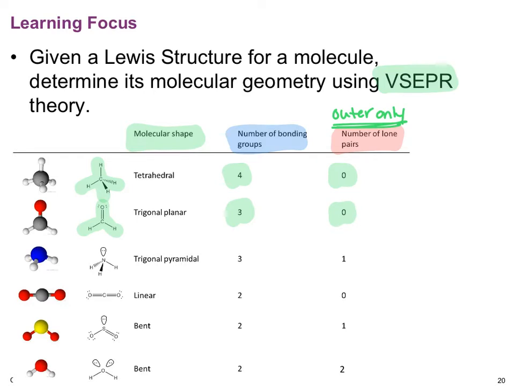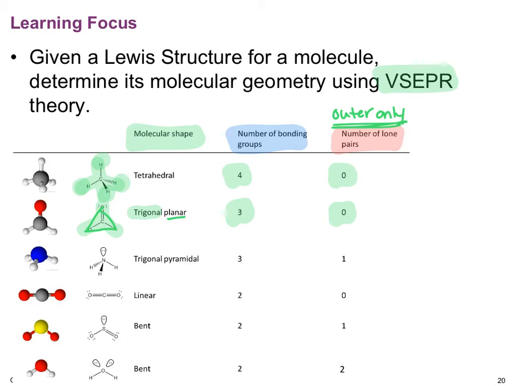And the names go along with what the shape actually looks like, which is something that you're also going to want to understand. So tetrahedral, you've got those 4 atoms kind of on the outer edge of a sphere, as far apart from each other as possible. Trigonal planar, the trigonal part, you can think about having a triangle for your outer atoms, and it's planar because everything is flat on the paper.